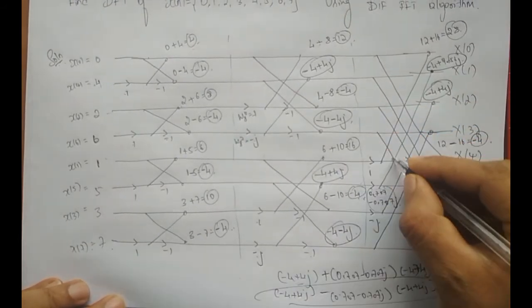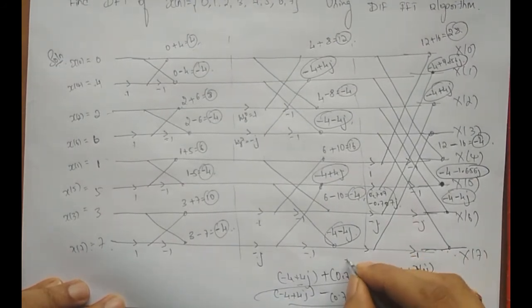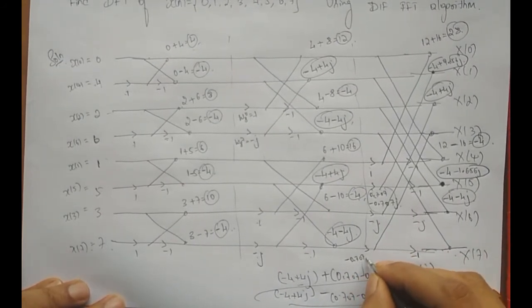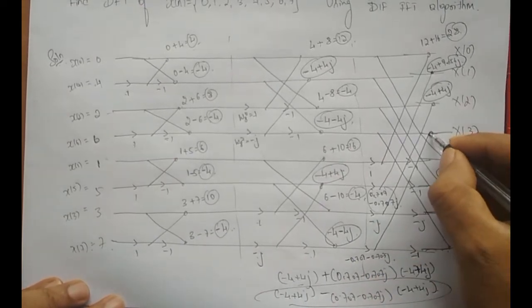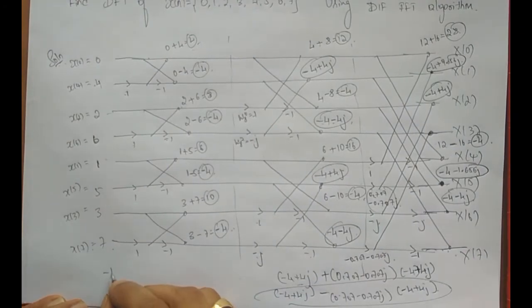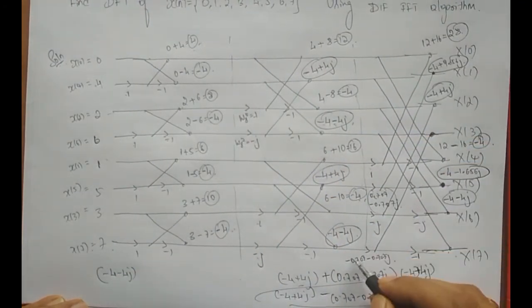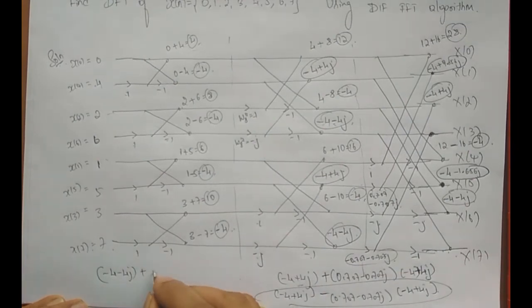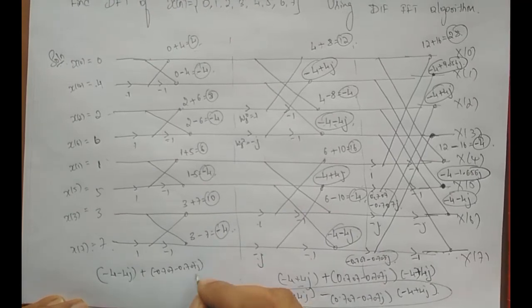And the final butterfly, here it is minus 1, and this is minus 0.707 minus 0.707j. Okay, and the output from here is minus 4 minus 4j, added with the scaled version, minus 0.707 minus 0.707j times minus 4 minus 4j.